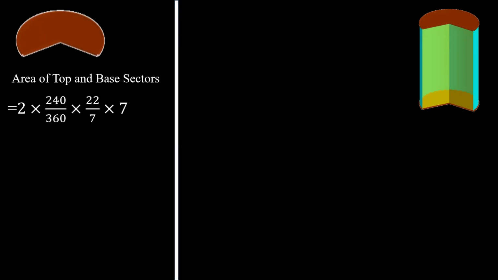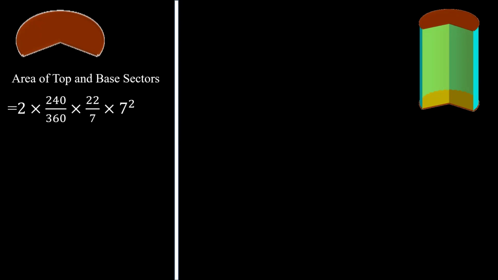So we have the sector as is given, and we want to proceed to look at how to get the area of both the top and the base sectors. Of course, we know that the area of a sector is theta over 360 times pi r squared. But here we have two sectors, so we are multiplying this formula by 2, and our angle here is 240 degrees.